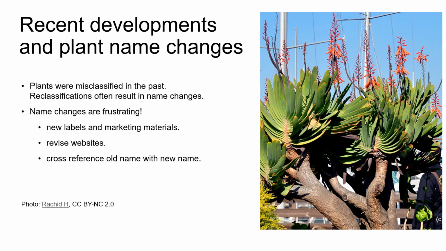These name changes are something you need to be aware of as you're looking up plant information for this class or for your jobs. An example of a relatively recent name change resulting from new molecular data is the South African succulent Kumara plicatilis, the fan aloe, which you can see in the picture on the right. This plant was reclassified in 2013 from Aloe plicatilis to the different genus of Kumara.